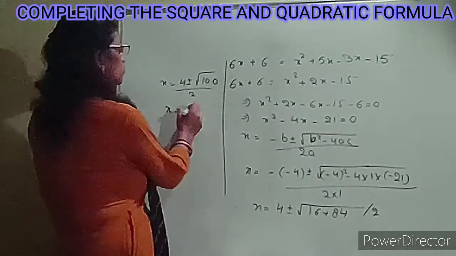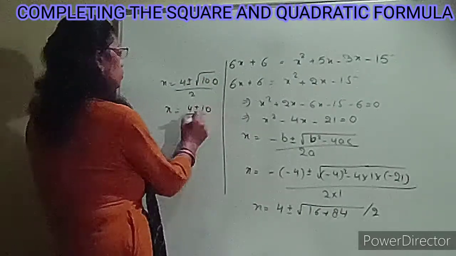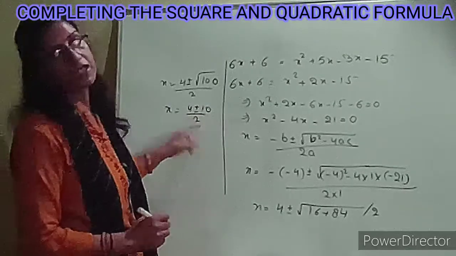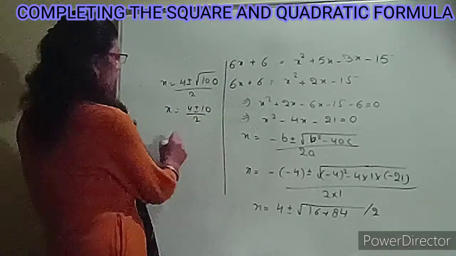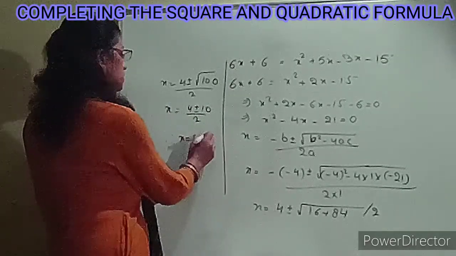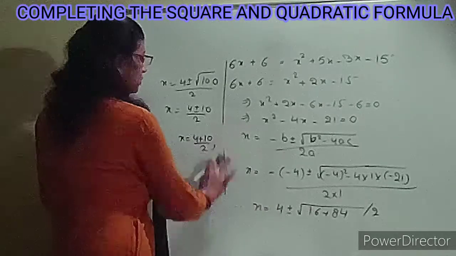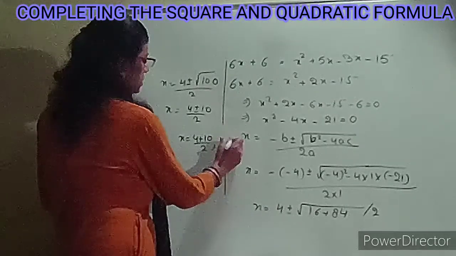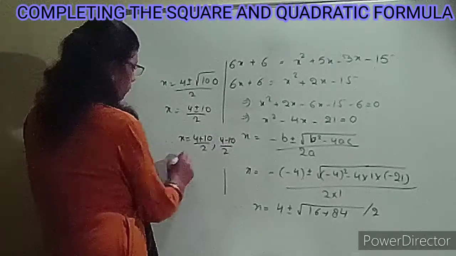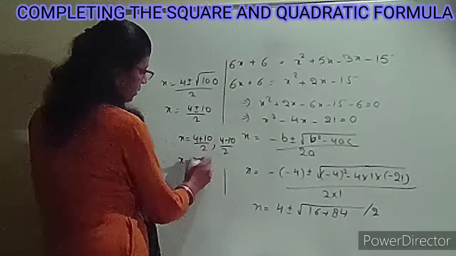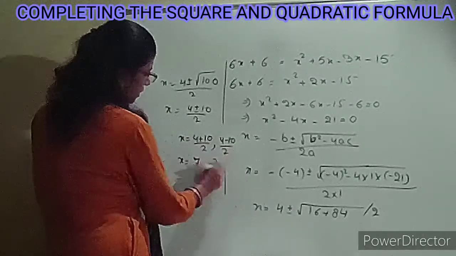So x equals 4 plus minus 10 upon 2. Once you take the positive value, once you take the negative value. So x equals 4 plus 10 upon 2, comma, the negative value 4 minus 10 upon 2. So x equals 14 upon 2, which is 7, and this is minus 6 upon 2, which is minus 3.